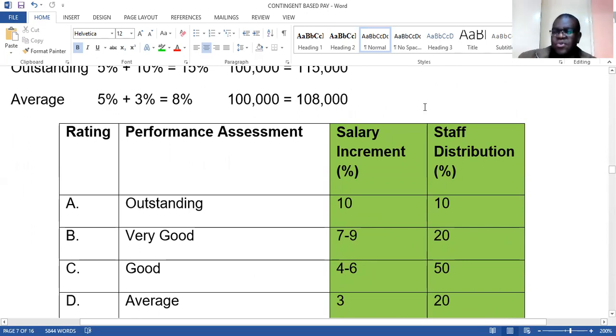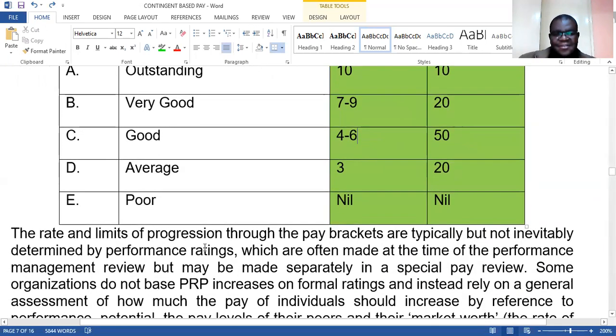If your performance is rated outstanding, rating A, you get a salary increment of, say, 10%. If your performance is rated very good or B, you get an increment of between 7 to 9%. If your performance is rated good, you get maybe 4, 5, 6%. Average 3%. Poor, no increment.